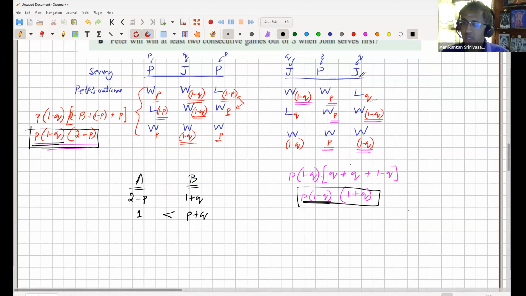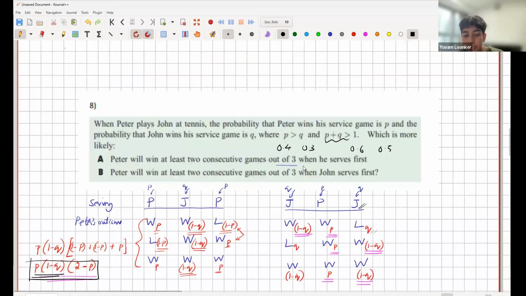Yeah, because here John is serving and Peter is losing, right? Yeah, so it can also be 1 minus P, right? No. See, when John is serving, it's either Q for John to win or 1 minus Q for John to lose. It's always from John's perspective, right? Peter's winning probability has nothing to do now. When John is serving, John is under control. Let's say Q is 0.3, right? But when Peter loses, John wins. So it's the same thing. Yes, but whose serve it is?